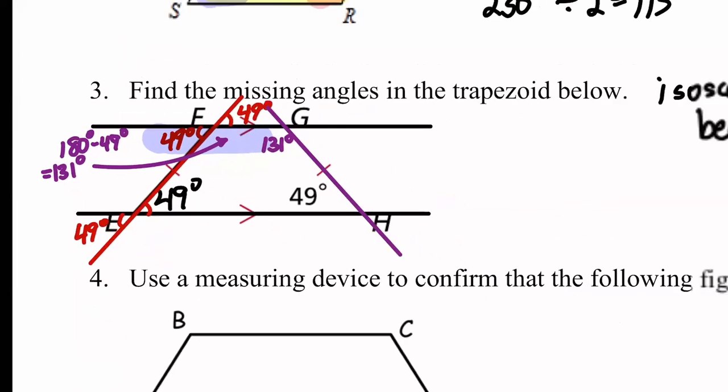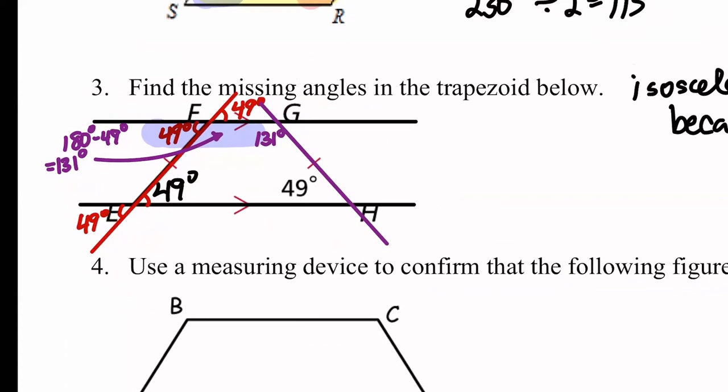So a shorter way of doing it would be to say, all right, well, they're going to add to 360. You take your 360, subtract from it the 49 twice. Okay, so that's the same as subtracting 100 and then adding 2. So 262.